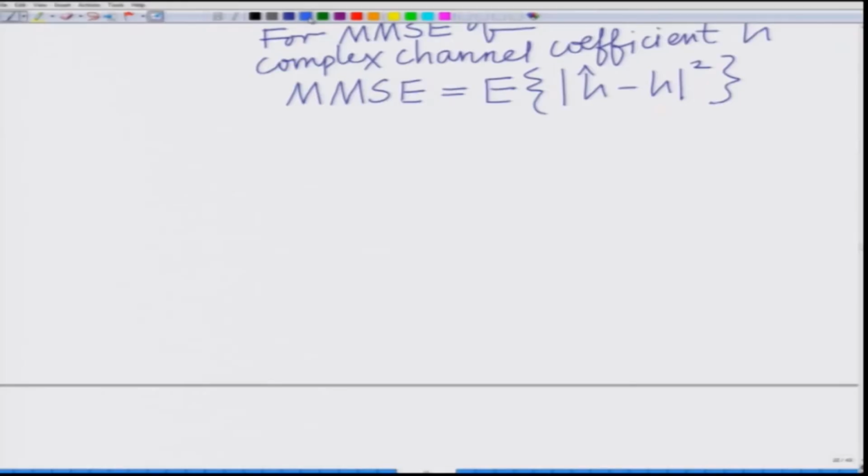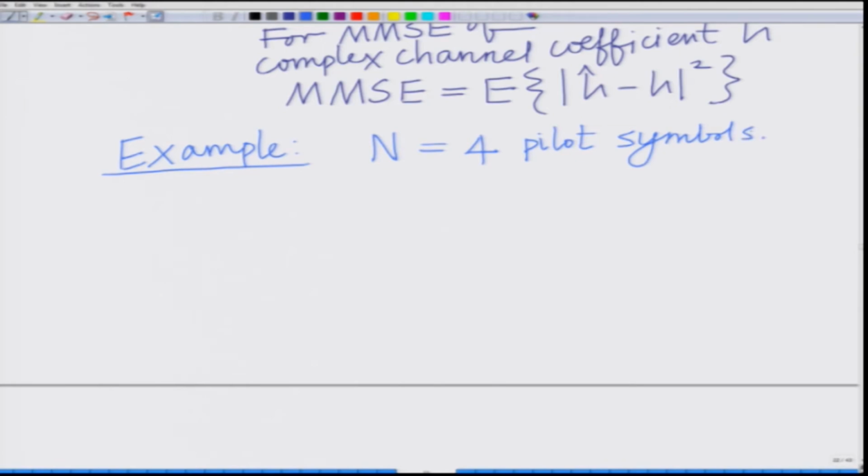For a channel estimation scenario, we go back to the example that we have considered previously. I want to consider n equal to 4 pilot symbols. Our pilot vector x bar is 1 plus j, 1 minus j, 2 minus j, 1 plus 2j.